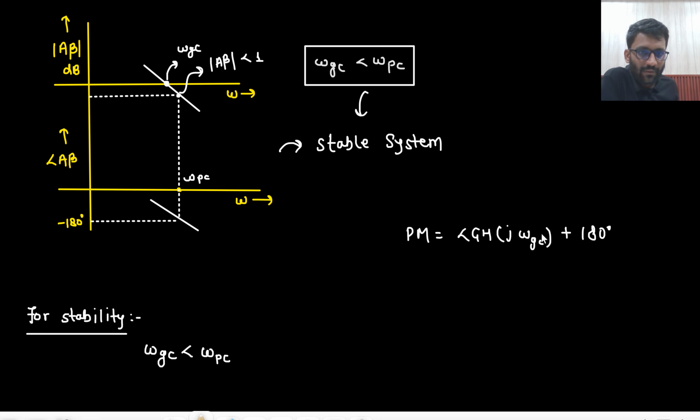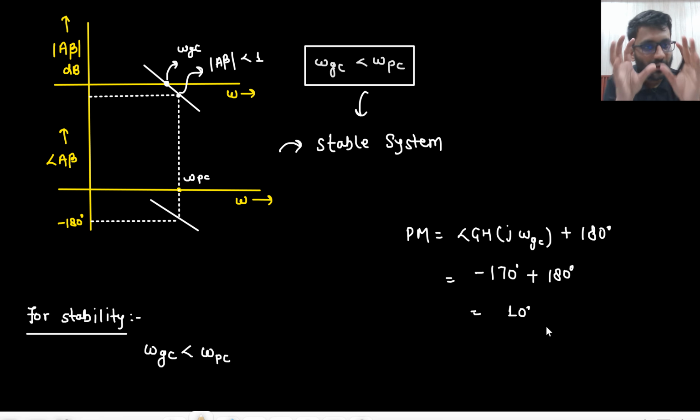So at this omega GC, what was your angle at that time? Somewhat lesser than minus 180, right? I can assume the angle is minus 170. Then minus 170 plus 180, that means you have 10 degree. That means you have a margin of 10 more degree until your system becomes unstable.